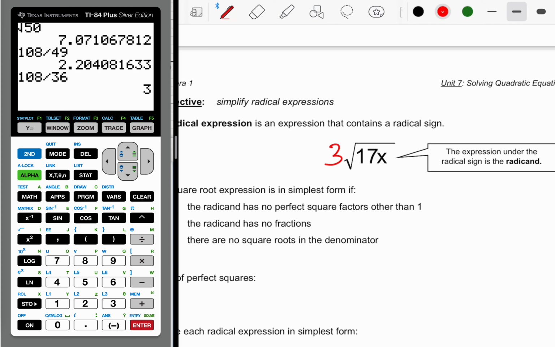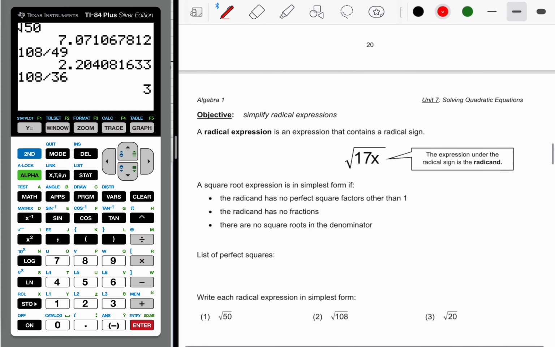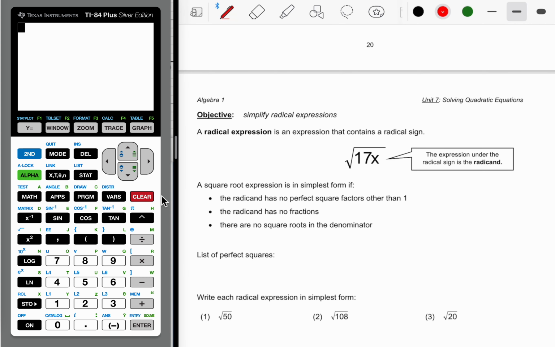All right? What we need to focus on here is how to simplify the radicand into a product of a perfect square factor and some other factor, right? Assuming that the radicand itself is not perfect, right? So if you start off with something obvious like the square root of 36, you'd look at that and say, okay, well, that's not complicated.